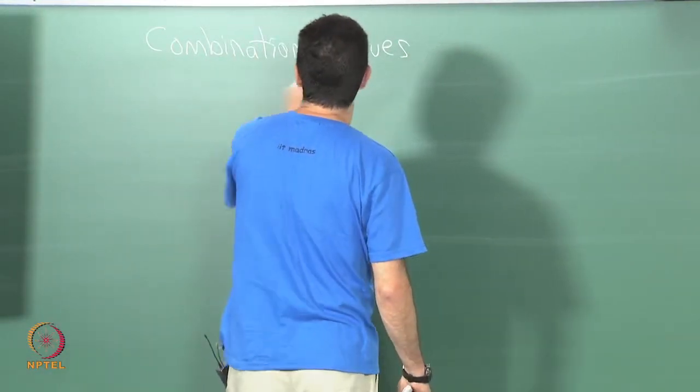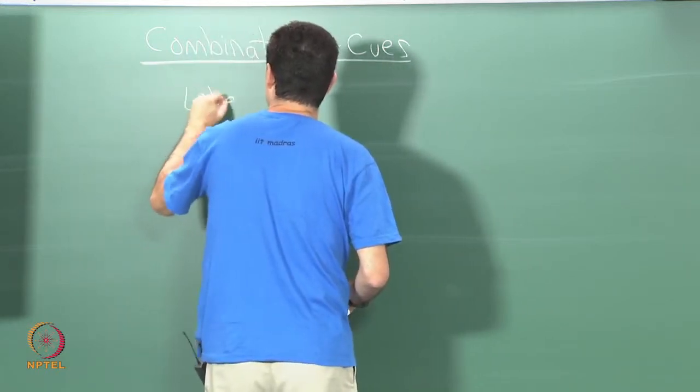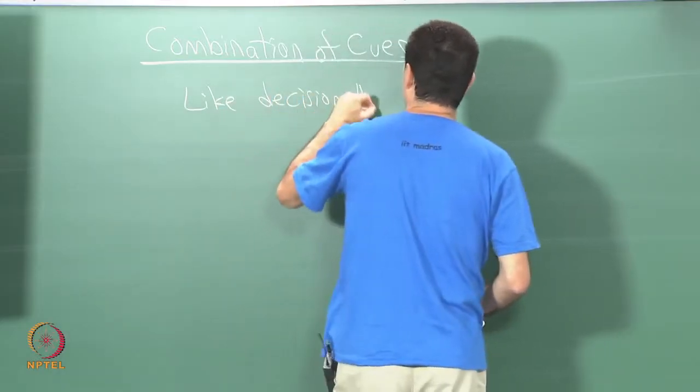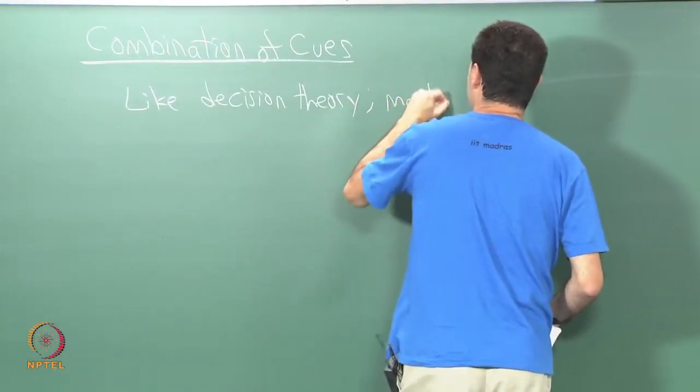So in order to combine the cues, one way to think about how this happens, it's very much like statistical decision theory, which also shows up in machine learning.